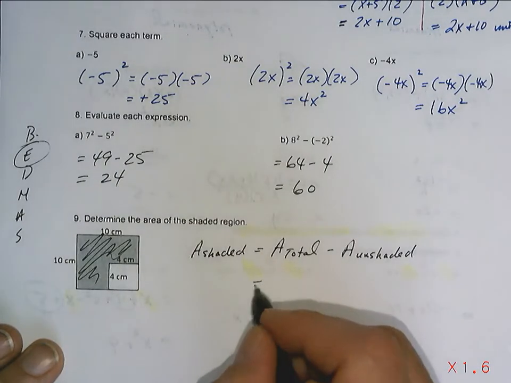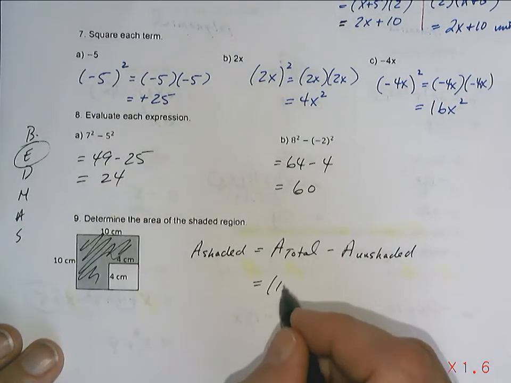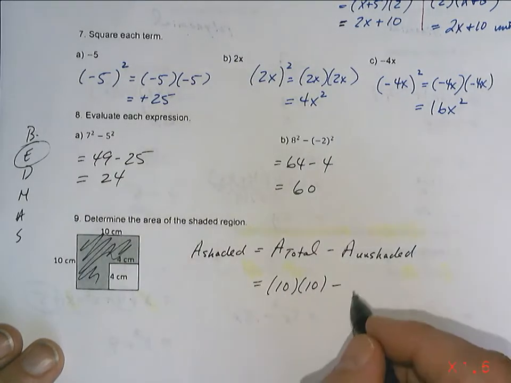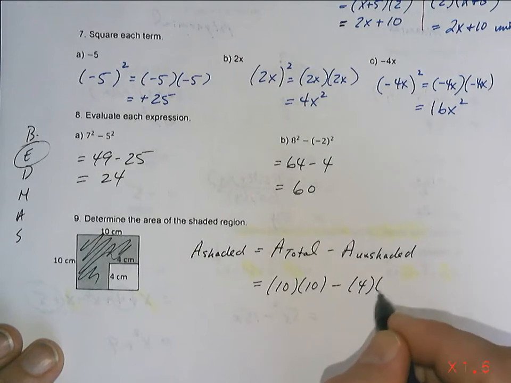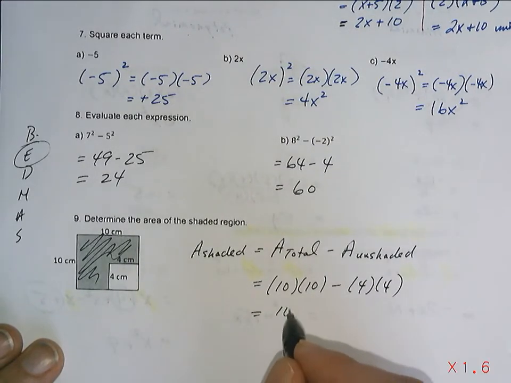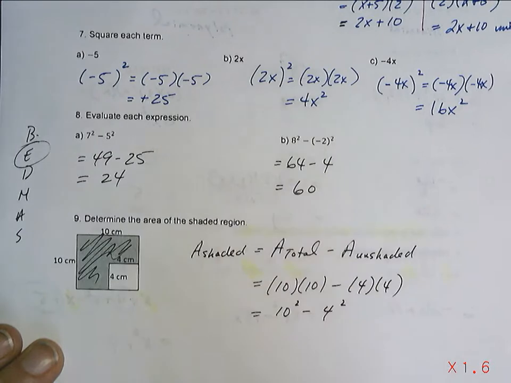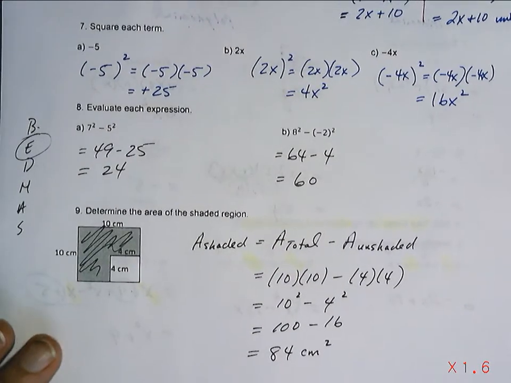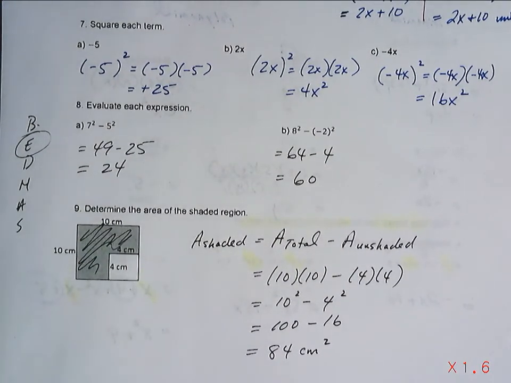The total area is 10 times 10, length times width. The unshaded is 4 times 4. Another way to write that, if you really wanted to, was 10 squared minus 4 squared, but I see no purpose in that. So it's 100 minus 16. So I guess it's going to be 84 centimeters squared. And that is the area shaded. I'm going to pause the video there, and we'll be right back.